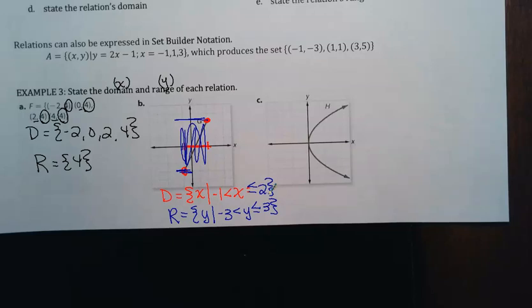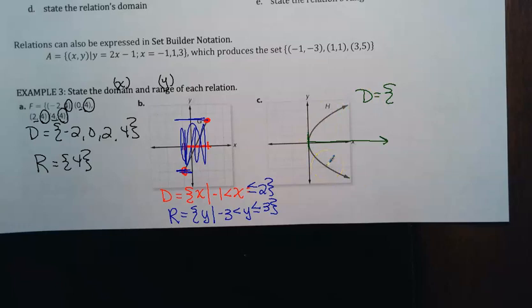All right, let's look at C then, and do the same thing for C. So we want our domain. Are we going to be able to write it as just a list, or are we going to have to write it as set builder, our x values? So think of our x values, right? They're coming from here, and they're going all this way because our parabola is going that way, or our curve, I should call it.